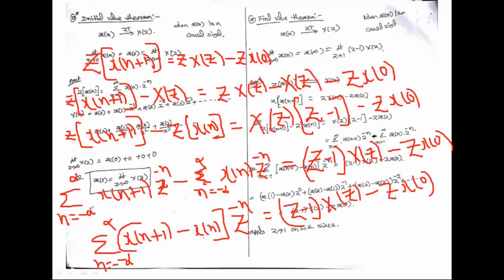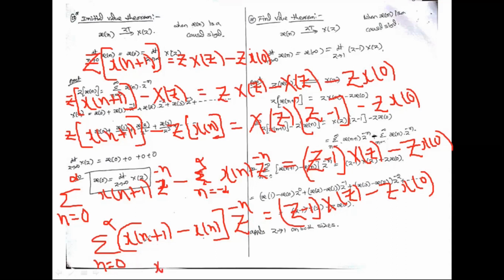Since it is not from minus infinity, because we are using the unilateral z transformation, start from 0. It is one-sided only, a causal signal. Causal signal means right-hand side, and this also from 0 onwards. So expand with 0 here.